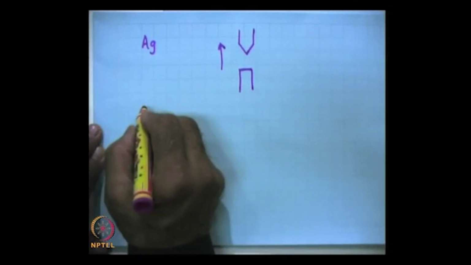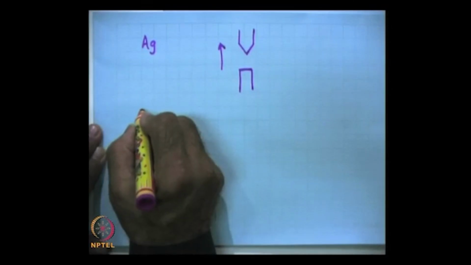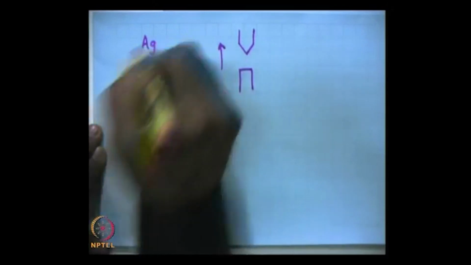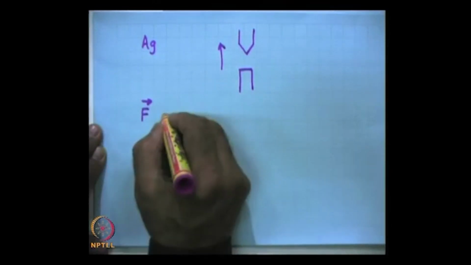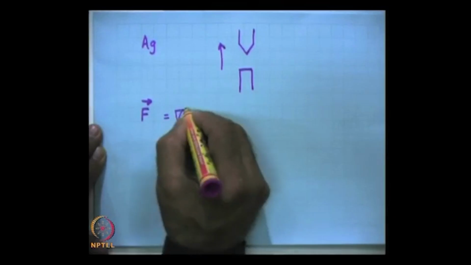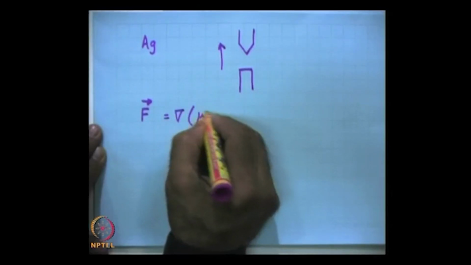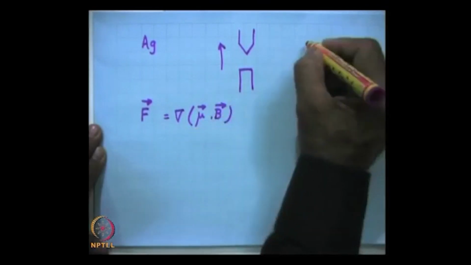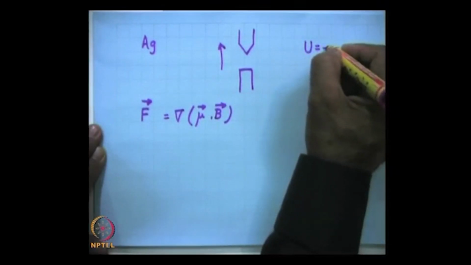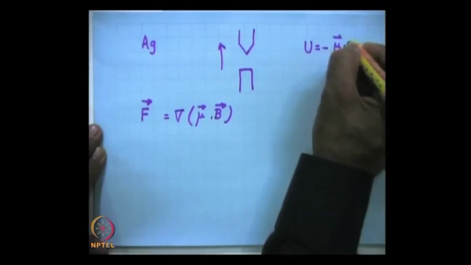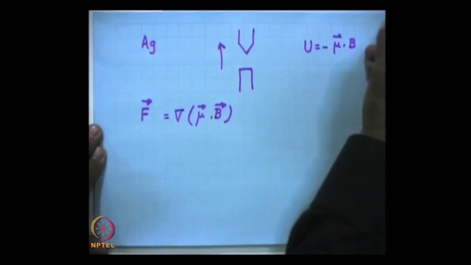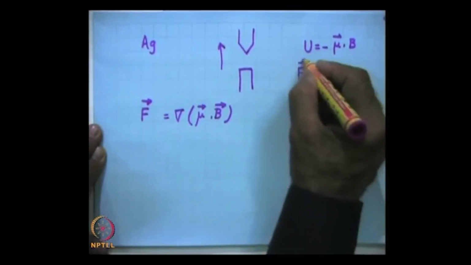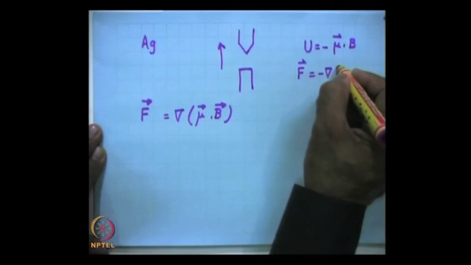Now, the force that is acting on that because of the magnetic moment of the silver atom is equal to gradient of mu times B. Actually, the interaction energy is equal to minus mu dot B, and the force is equal to minus gradient U.